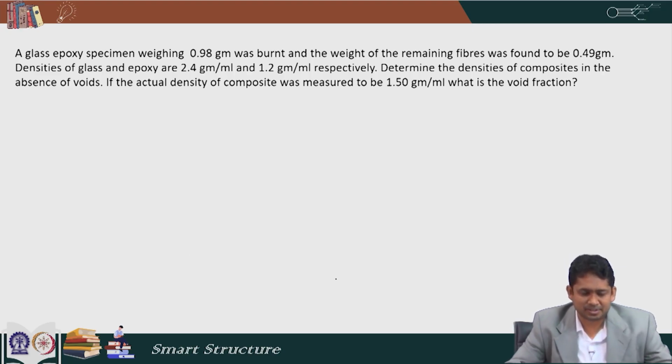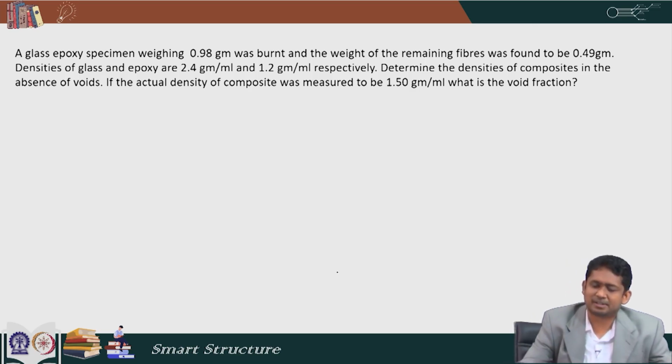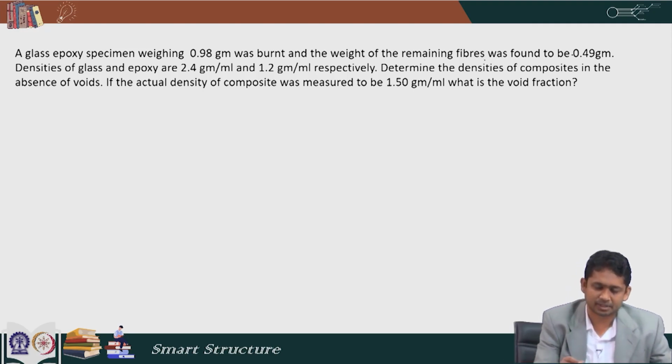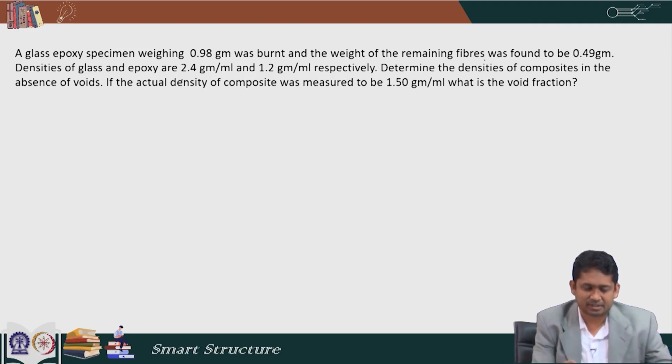The next problem is, there is a glass epoxy specimen, the weight of which is 0.98 gram, and it was burned, and after burning the matrix burns out, and what remains is the fiber. The weight of the remaining fiber was found to be 0.49 gram. Now, the densities of glass and epoxy are given.